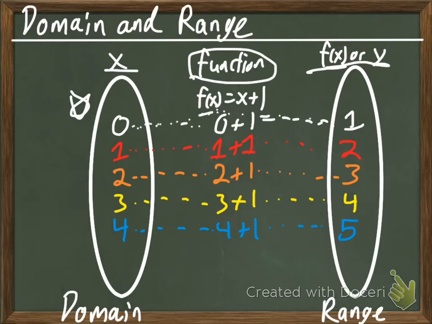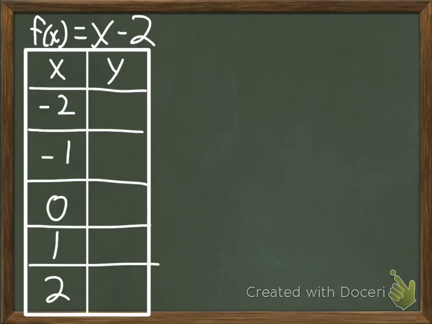So let's actually put this into practice, into something that's similar to what you'll be doing for your practice problems. So our function is f of x equals x minus 2. Our domain is our x and our range is our y here. So what we're going to do is we're going to take our x's. So we're going to start with x equals negative 2, and we're going to plug it into our function.